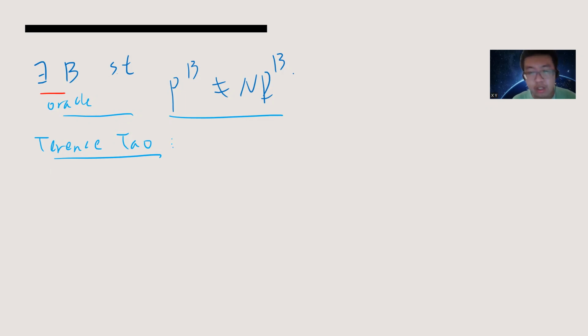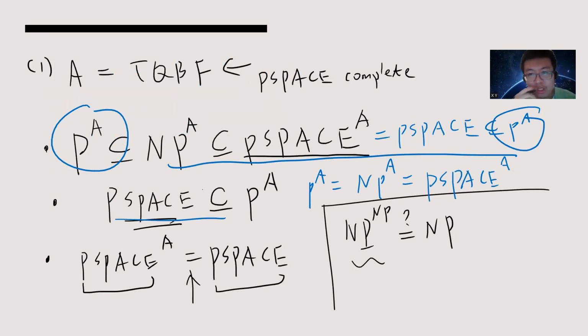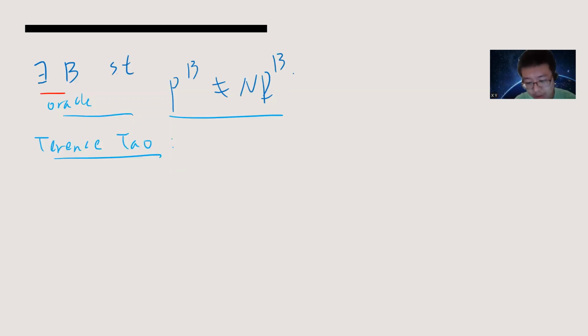Previously we introduced A to be a super powerful language, right? So in this case, in order to separate them, we should make B very restricted.